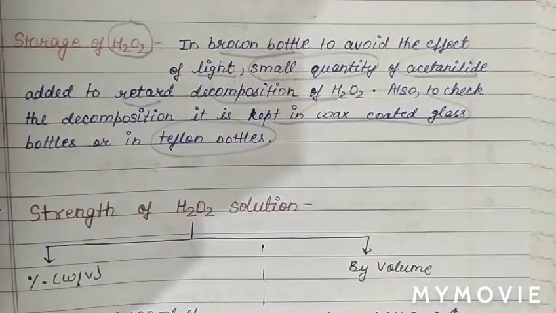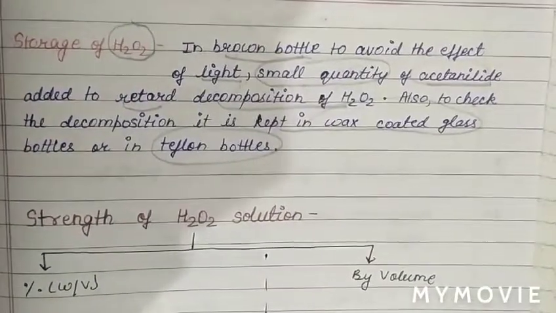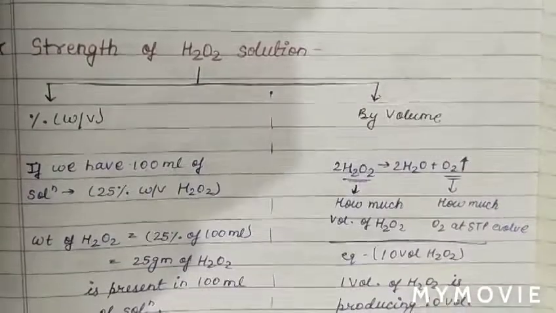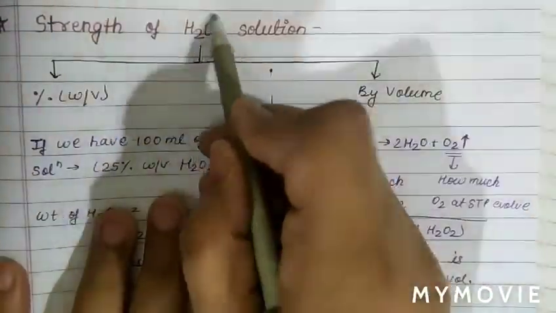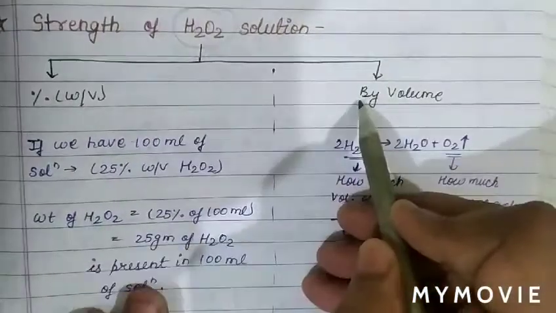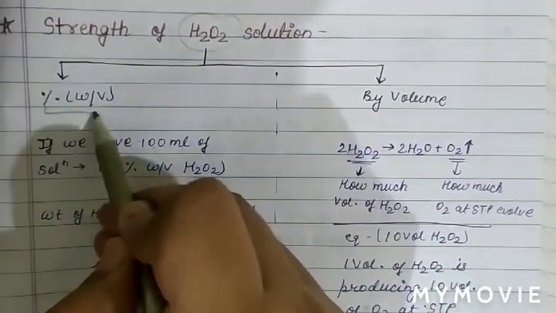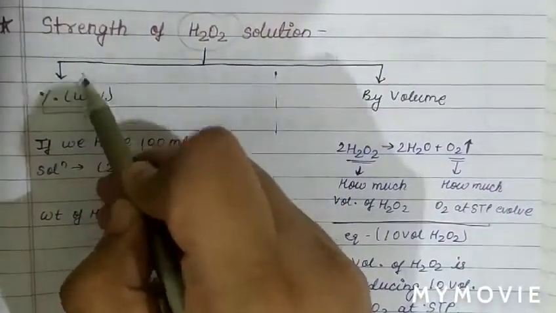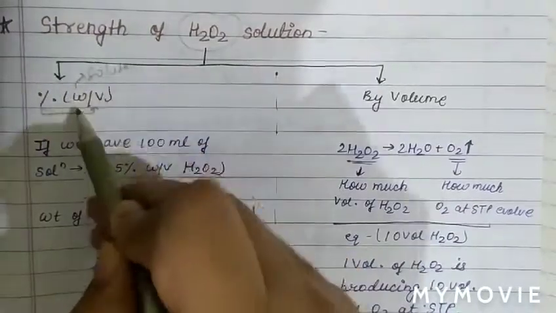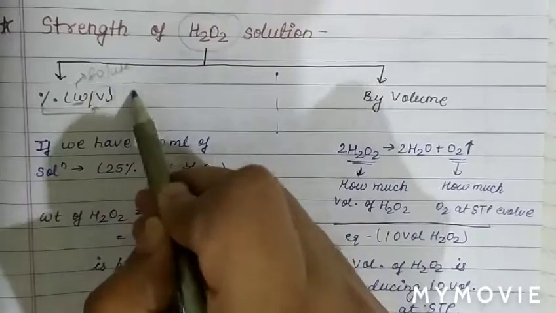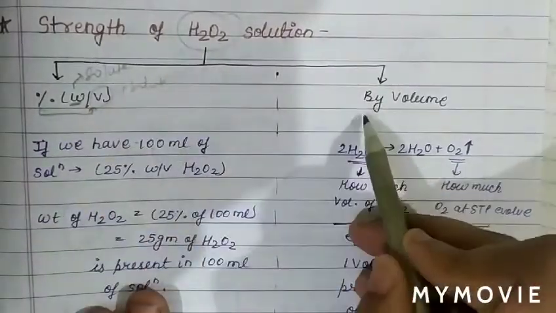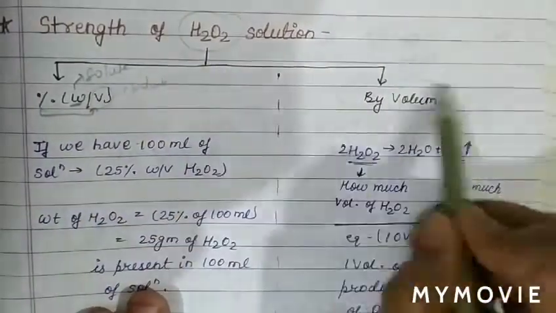Now we will discuss another topic, the strength of H2O2 solution. The strength of H2O2 solution can be expressed in percentage weight by volume. The numerator stands for solute and the denominator stands for solution. We can also express the strength in terms of volume.